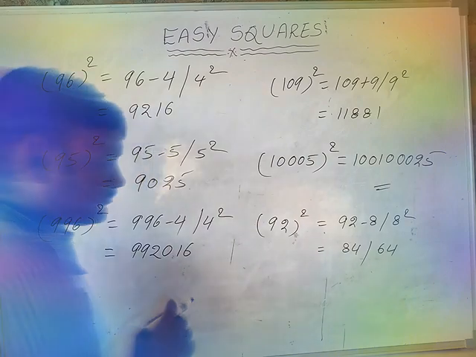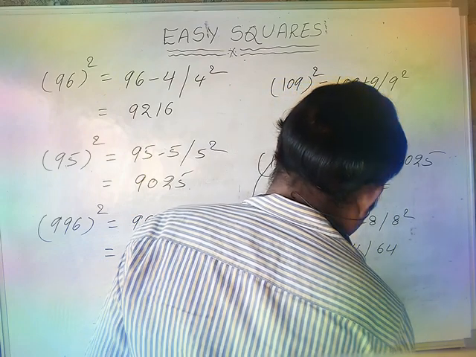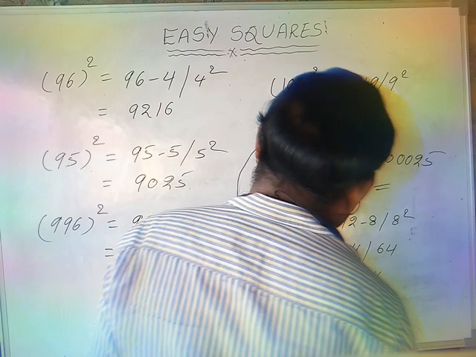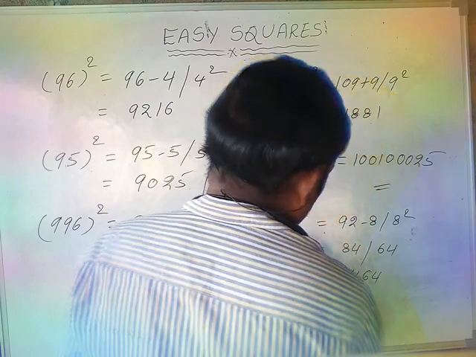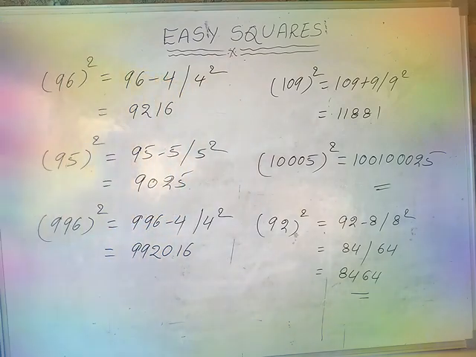So here the answer is 84, 64. The nearest main base is 100. There are two numbers. 84, 64 is the correct answer.